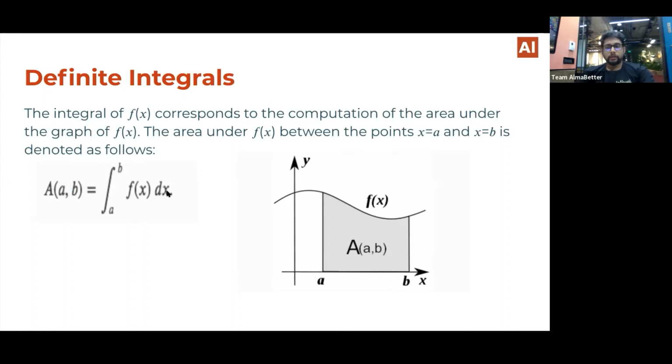Just remember, integration is the opposite of differentiation. If the derivative of f(x) is f dash x, then the integral of f dash x is f(x). So it's exactly the opposite, or the inverse.